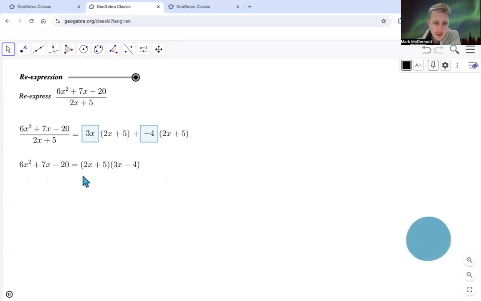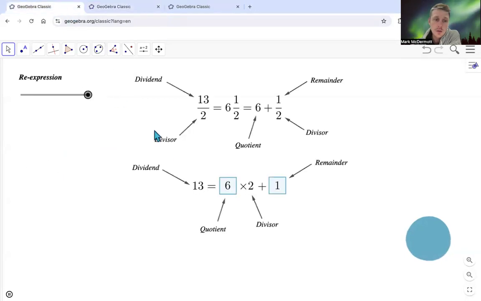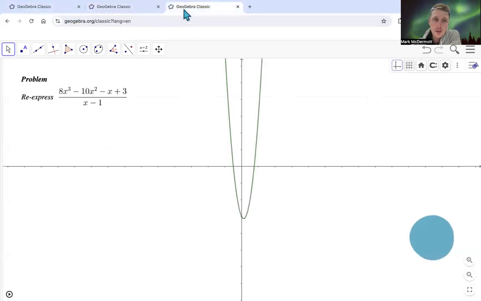So I think it's a bit of a quicker and easier way to apply long division, because I guarantee you, if you do the long division way of this divided by this, you'll end up with a quotient of 3x minus 4. I encourage you to think about what this 2x plus 5 is. What word is it from the previous example that we looked at? You can sort of see it's in the denominator here. See if you can think about what word it corresponds to that we spoke about back on this page.